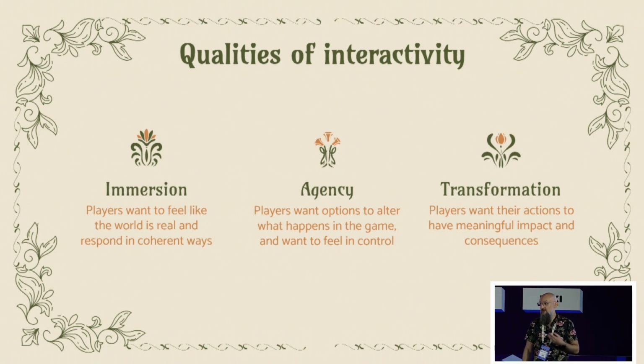And the third one, this is a term that I'm misusing a little bit, because fundamentally in the book, it means transformation, that it affects some sort of transformation within yourself, the player. But I'm using it a little loosely here to mean transformation of the game state, a transformation of what is happening. You could potentially have a game where you give the player a lot of agency, but their choices don't ultimately matter.